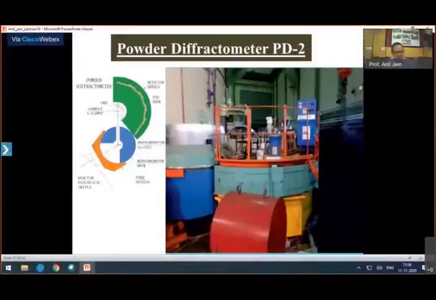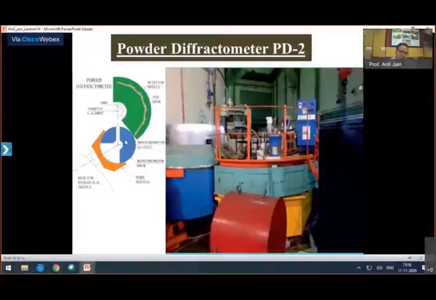This is another diffractometer where the wavelength is 1.24. Here we have more angular coverage, something like 160 degrees or so. Here also we have the beam which is coming from the reactor, and this beam is monochromatized by the germanium 331 monochromator.